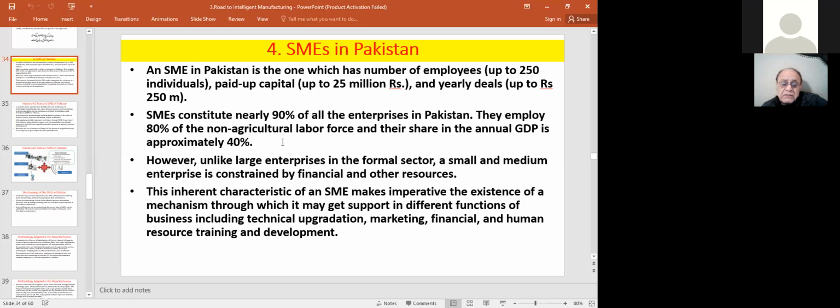But it is the small to medium enterprises which are lagging behind, and they are not really using the technologies of intelligent manufacturing to that level.